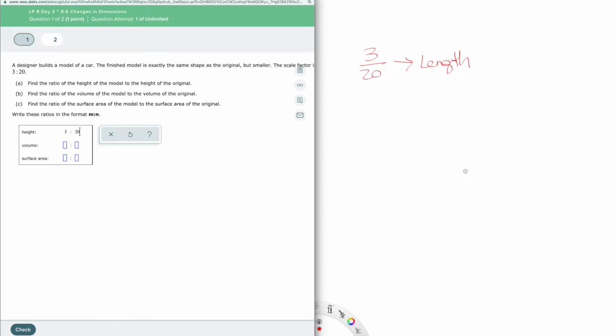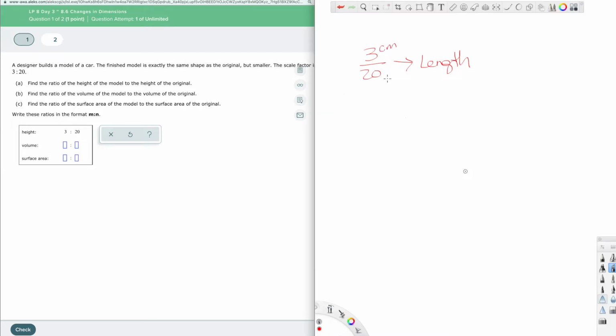And what this means is, if we're thinking of bringing it down, this could be 3 centimeters, and this could mean 20 feet maybe. I don't think that would actually be accurate necessarily, but it could say every 3 centimeters in the model actually means 20 feet in real life. Or 20 inches in real life.